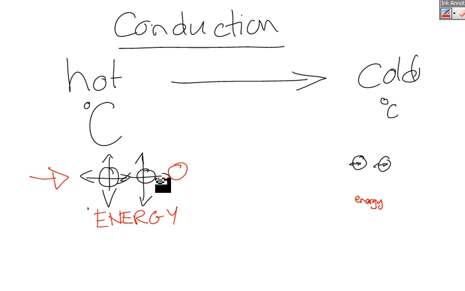When the particles move backwards and forwards, guess what happens when this one moves over here? Yep, that's right. It makes that one move. And so if that one's moving faster, what's happening to its temperature? Right again, temperature starts increasing.